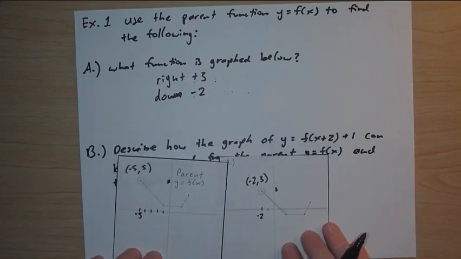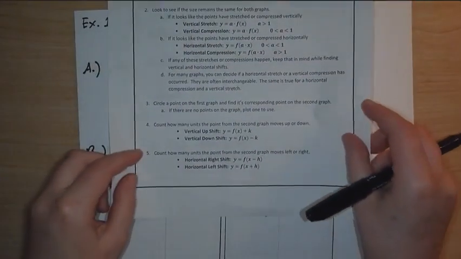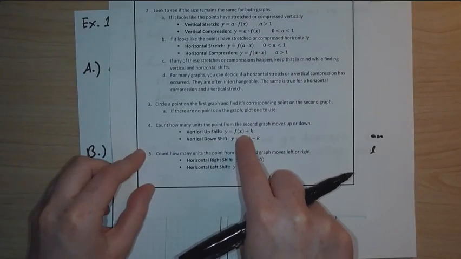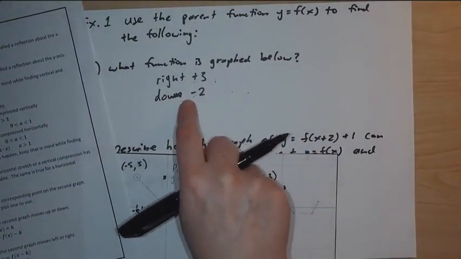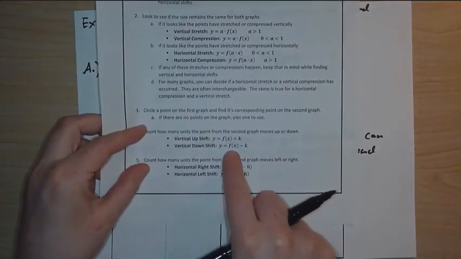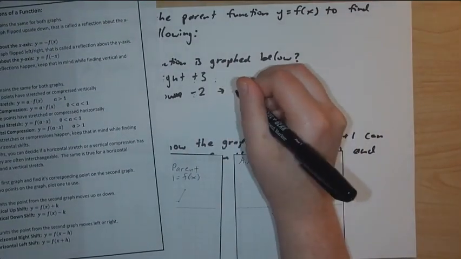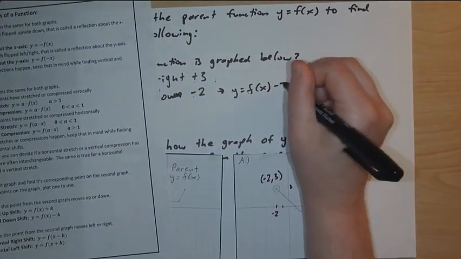So we're going to look at our transformations. Our vertical upshift is y equals f of x plus k, and vertical downshift is y equals f of x minus k. So we have a down -2. Since it's gone down vertically, we're going to use this pattern right here. So this is going to be in the pattern of y equals f of x minus 2.